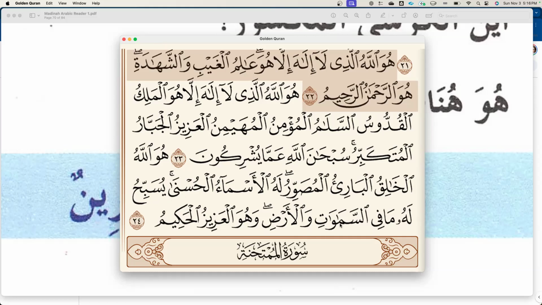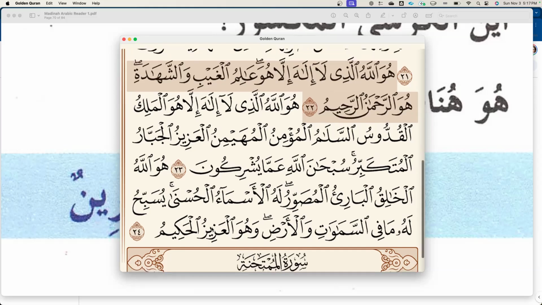Everything in the skies and the earth glorifies Him. Yusabbih, do His tasbih. And He is al-Aziz. Again, Aziz is repeated. He is the one full of authority. Al-Hakim, the wise, the one with all wisdom, the essence of wisdom, the source of all wisdom.